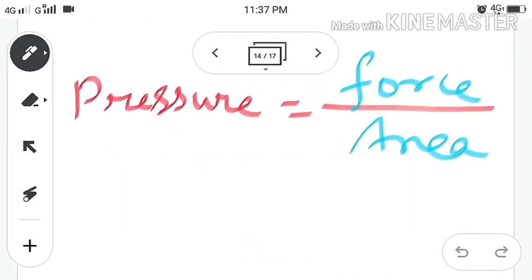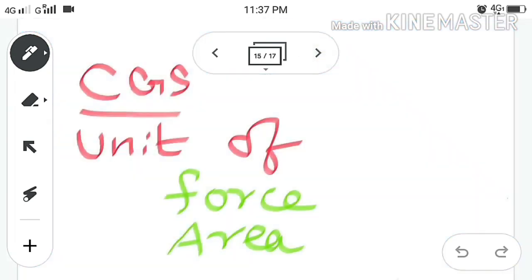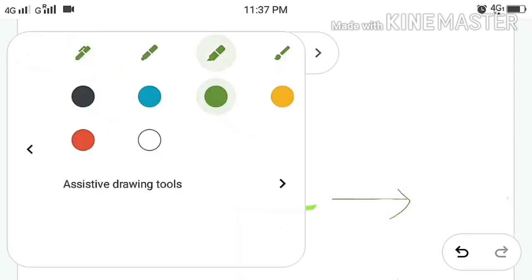Let us write the unit of pressure in CGS system. For this, we need to know what are the units of force and area in CGS system. Yes, can you recall what is the unit of force in CGS system, children? It is dyne.